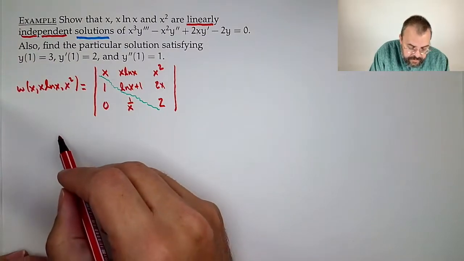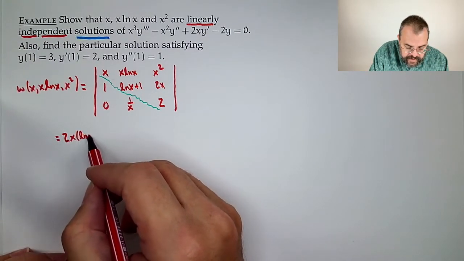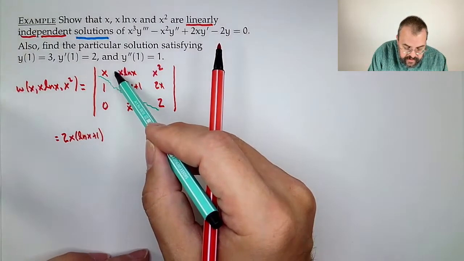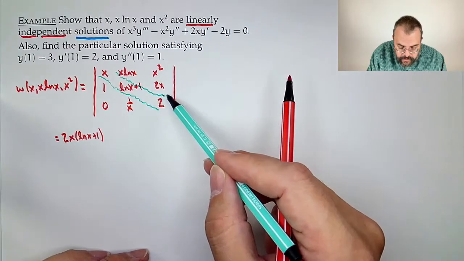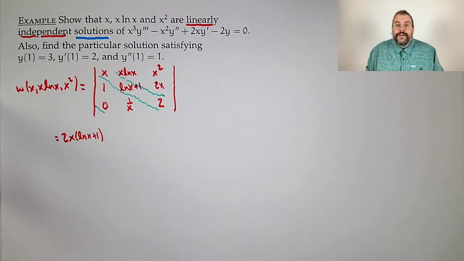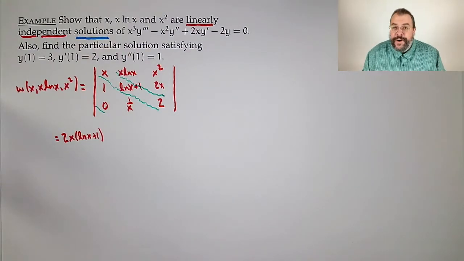So that would be 2x times log x plus 1. And then the next diagonal, I have x log x times 2x, whoop, hit the side, wrap around, times 0. Aha, times 0, 0. Yes, 0, our friend.